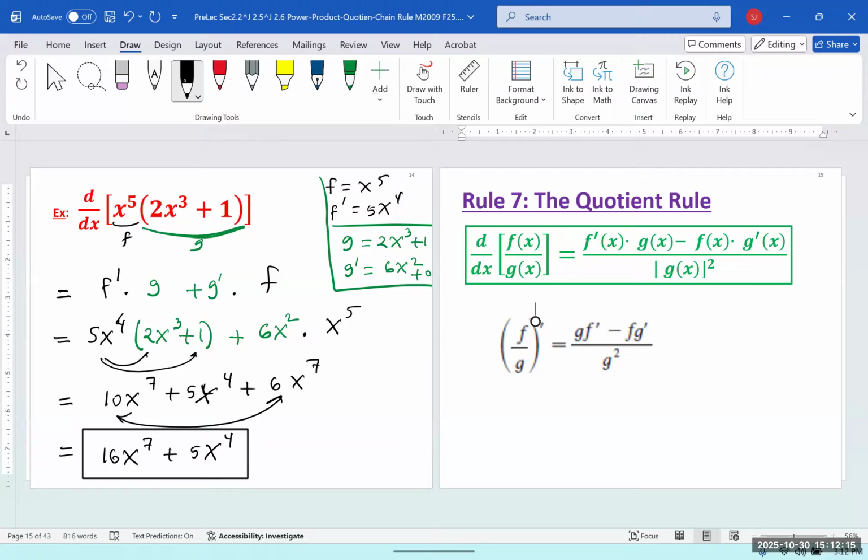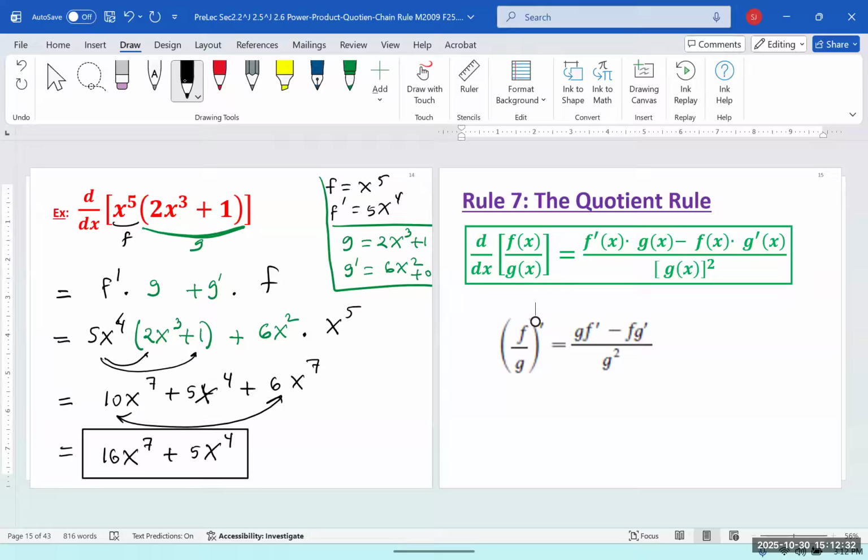And now since you're doing division, you're going to get something less, not more. So don't add, instead subtract. Subtract what? Take the derivative of the denominator function multiplied by the numerator function.